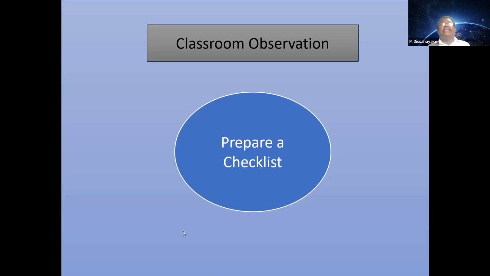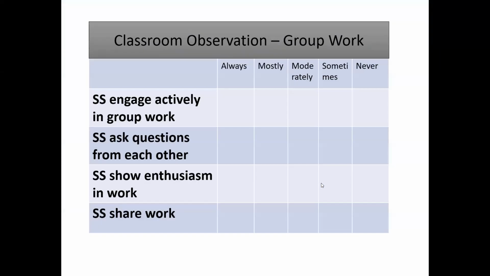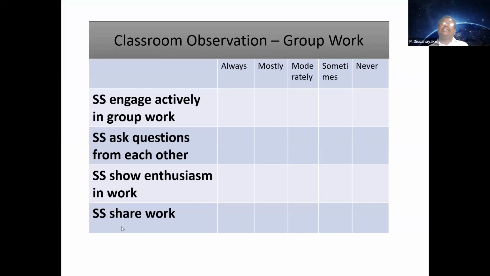Use the same techniques to prepare it, maybe ranking, maybe choosing, according to what you want to observe. Here, a scale is prepared like this: classroom observation, group work. This is an example, don't follow this one, better ones can be drafted.